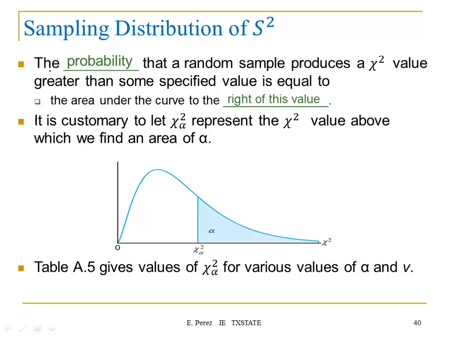For the purpose of the exam, I'm going to provide you with the tables in the document. This document has two tables. One is the chi-square distribution, which is the one that we are explaining right now. It also has the t-distribution, which we're going to discuss later. Does anybody have a copy?